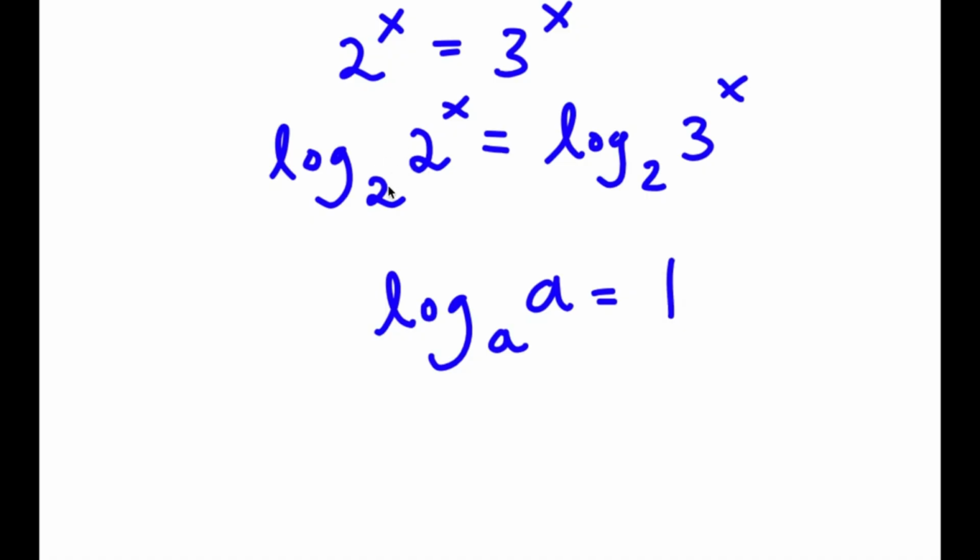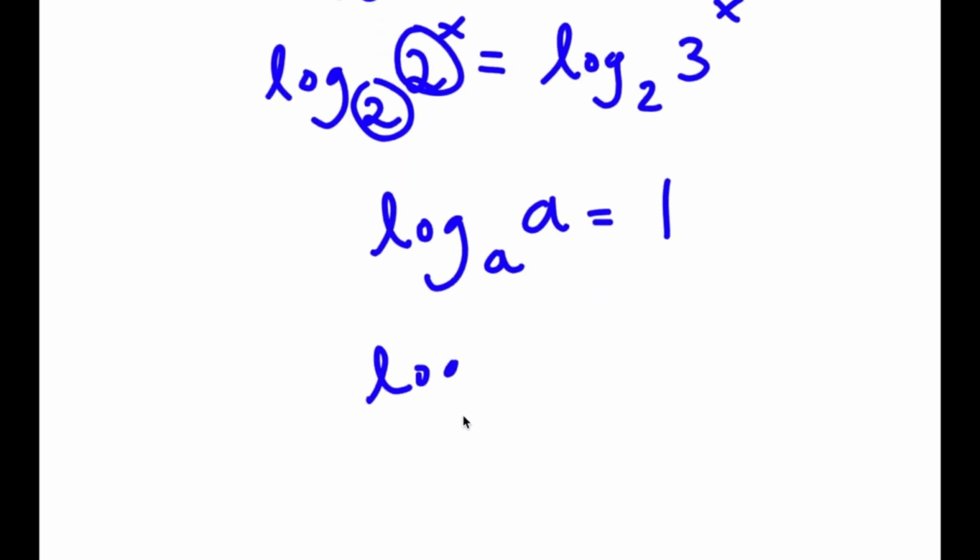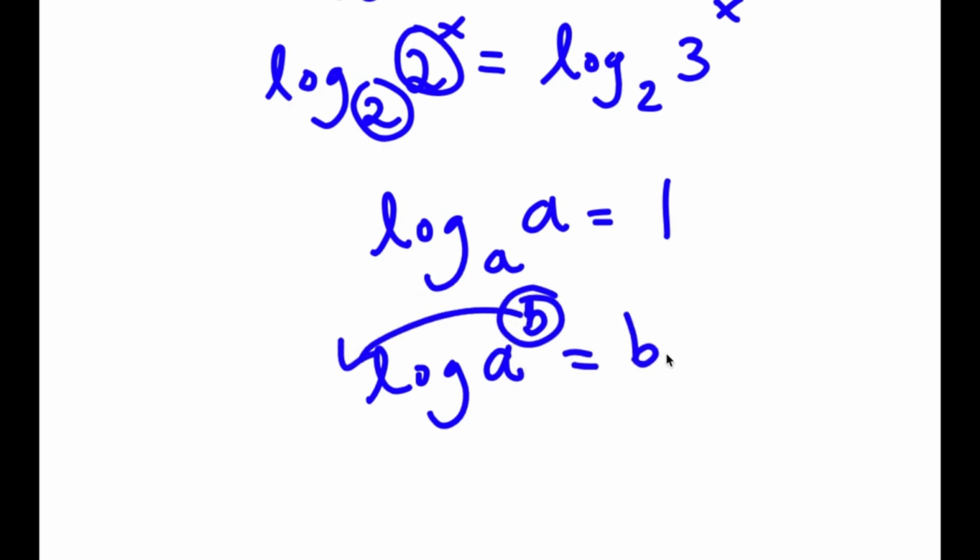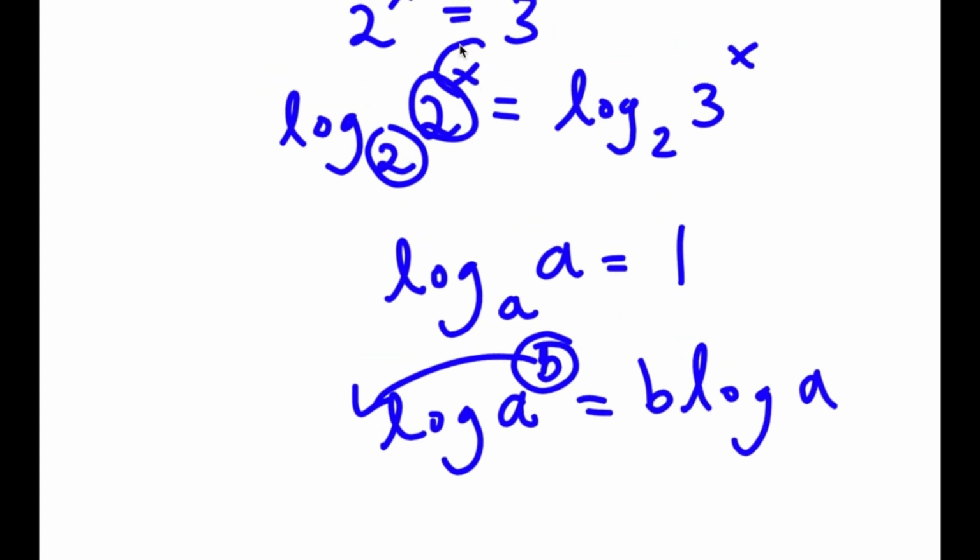So as you see here, we have log base 2 of 2. And actually before I cancel these two out, if I have something in the form log base a of b, I can move this exponent b to the front. So it's going to equal b times log a. So in this case, I have x as my exponent, so I can move this to the front.